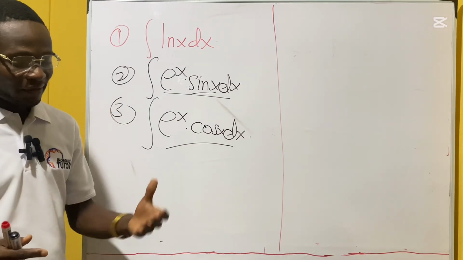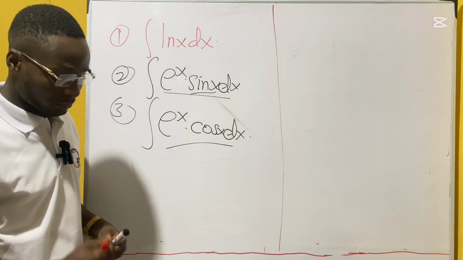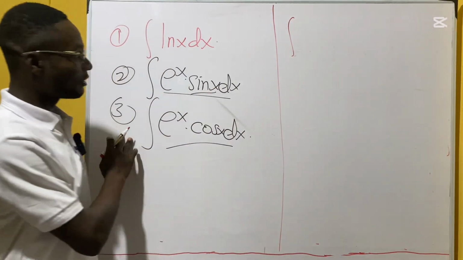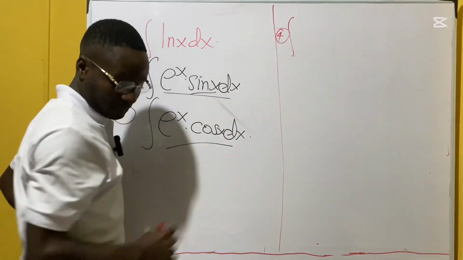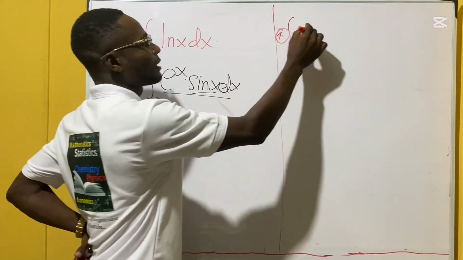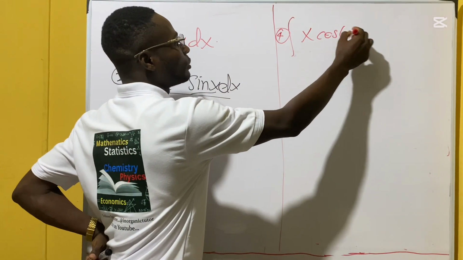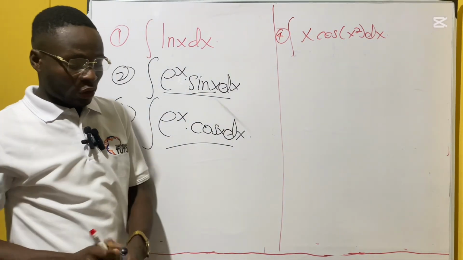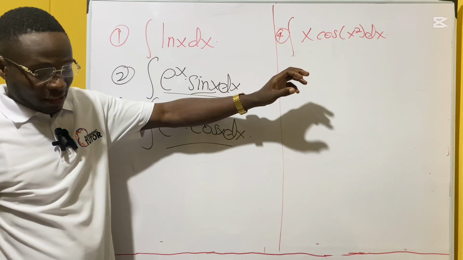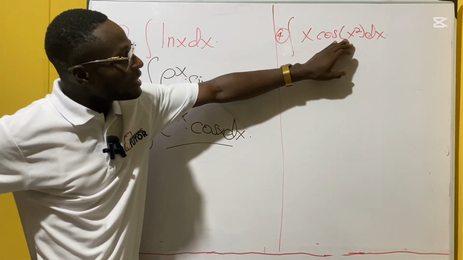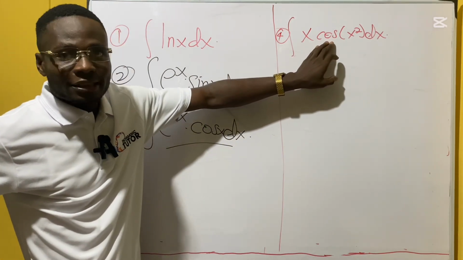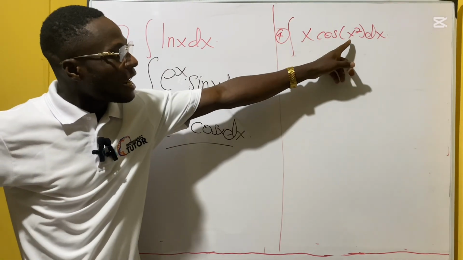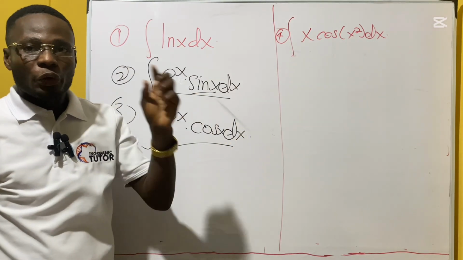And of course, we have other ones. This is three. The fourth one is going to be the integral of x cos x squared dx, right? So this function, for instance, when you want to integrate cos x squared, it will be non-elementary.